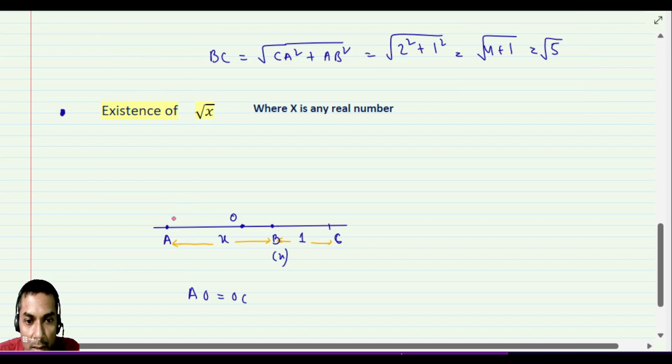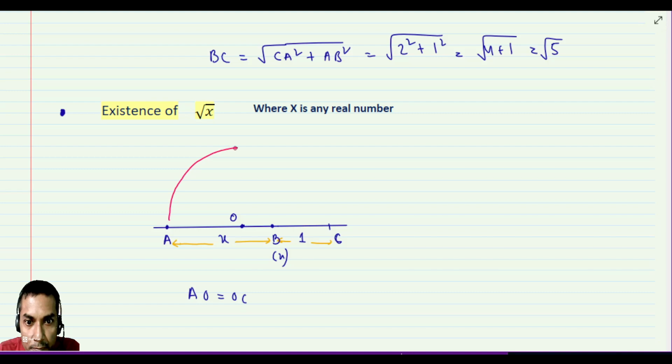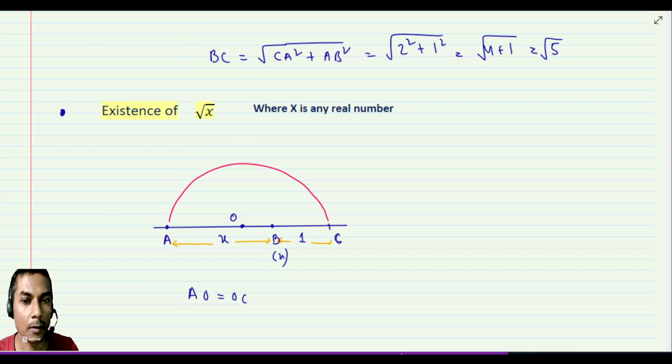I try to draw a better circle. So draw this half circle with the center O and the radius OA. Then you draw one vertical line at B.